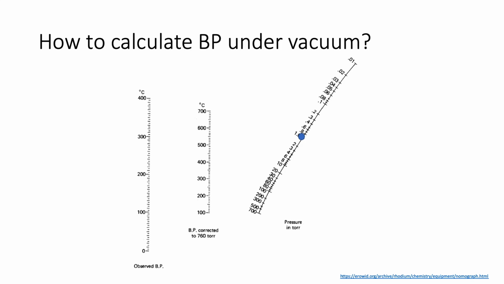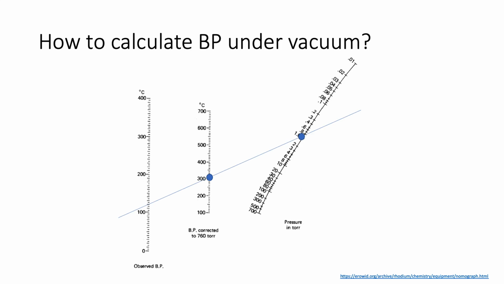So you put a dot there, and then you know that this is your boiling point at 760 torr, which is atmospheric pressure. You know that the boiling point of whatever you're starting with is a little bit over 300. Then you put a point there, and then you draw a straight line through those points that intersects the observed boiling point line. Ta-da.